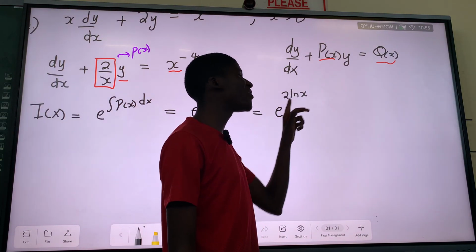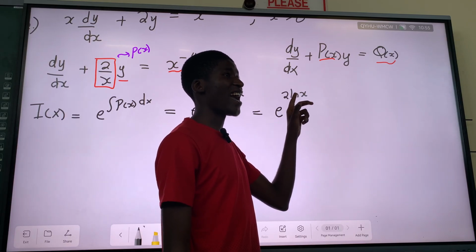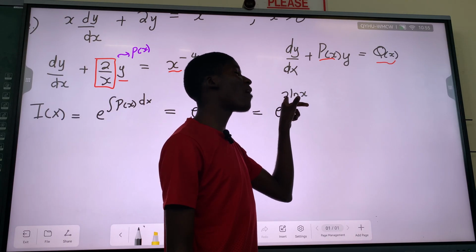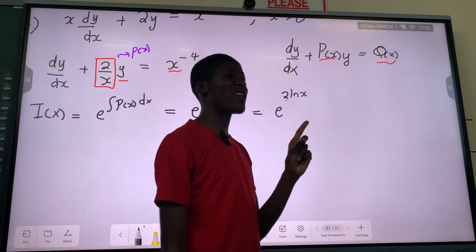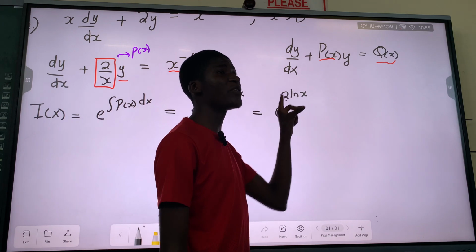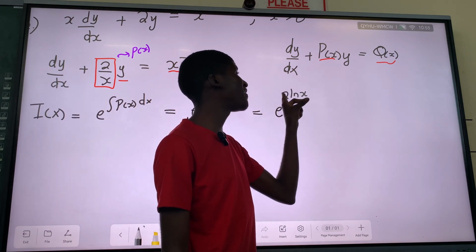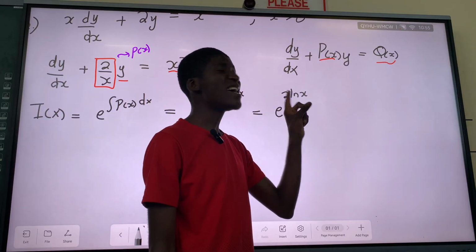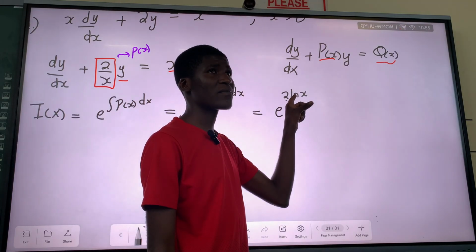Okay, can I cancel the e and ln, sir? It is not allowed. Because my ln is multiplied by what? By 2. My ln must be multiplied by 1. So what do I do to be able to cancel the e and ln? I cannot cancel the e and ln without the coefficient of ln being what? 1. So how do I get rid of the 2 and be left with 1 here?